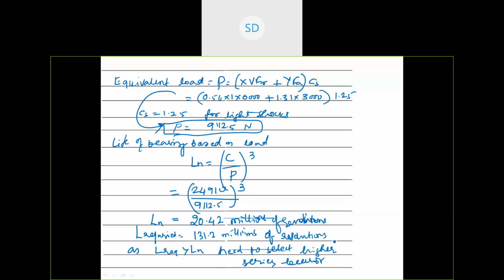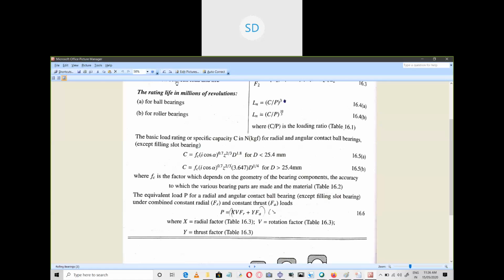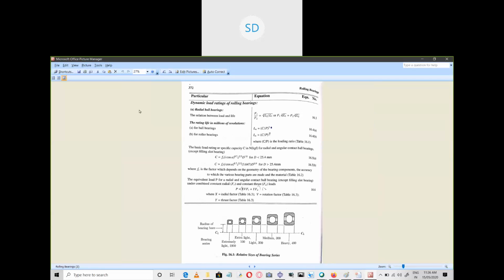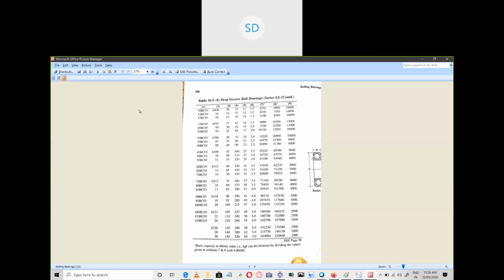Now what you selected? You have selected 45 BC02. Now I'll go for trial 2. Let us assume 45 BC03. So go for data handbook again to note the data. Now this is 03 series.